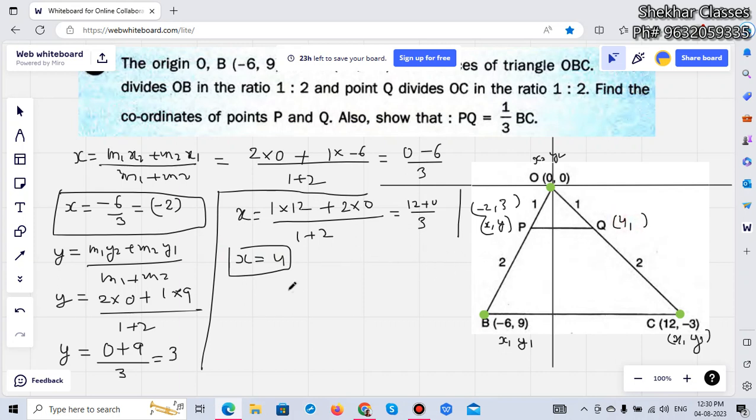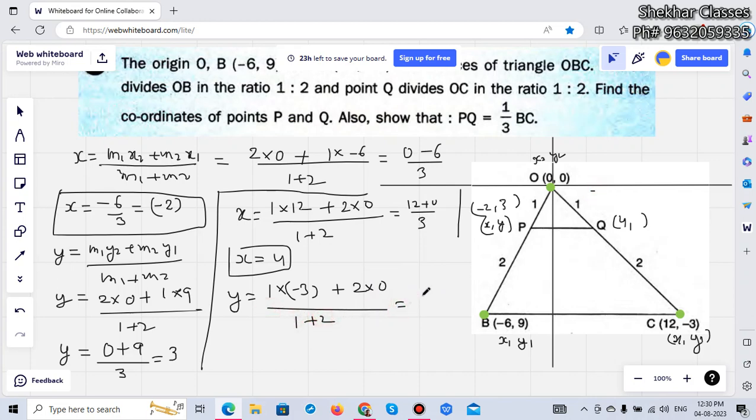Now if I find y, y is equal to 1 into minus 3 plus 2 into 0 upon 1 plus 2.